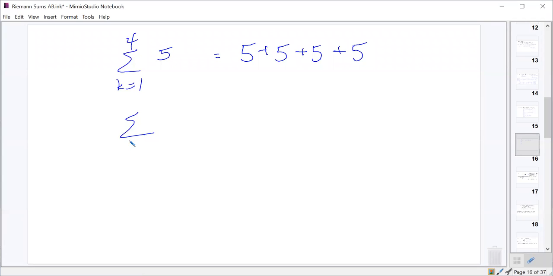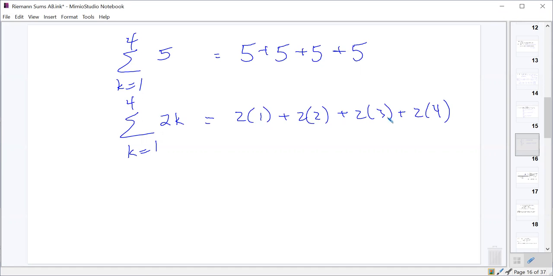What if I asked you to sum together from k equals 1 to 4 of 2k? What would that be? Would it be like 2 plus 4 plus 6 plus 8? Yep, it'd be 2 times the first k, and then 2 times the next k, and 2 times the next k, and 2 times the next k, which would just be 2 plus 4 plus 6 plus 8.